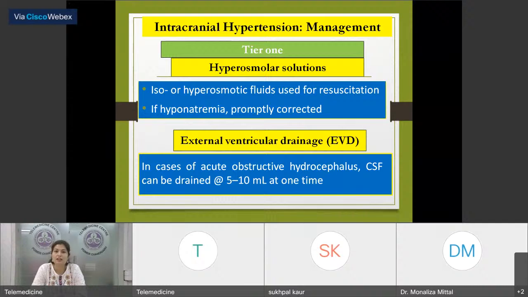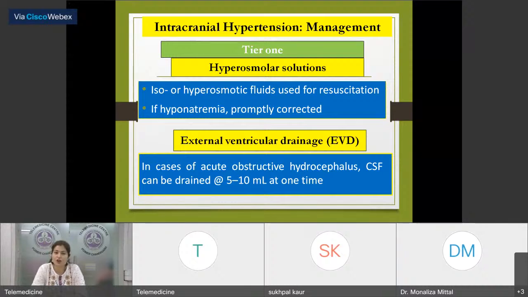They allow the flushing of fluid from the brain, and hence the ICP will decrease. But make sure it is not corrected too promptly, because it might cause other complications. It should be given under the advice of the attending physician, so that the electrolyte levels are also maintained. And if hyponatremia is there, you can give hypertonic saline.